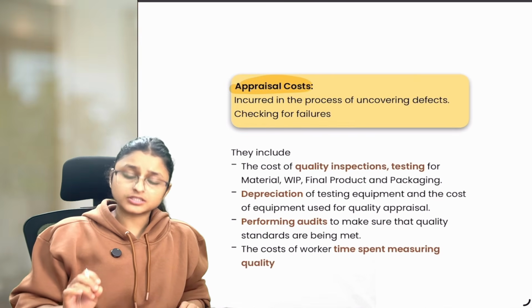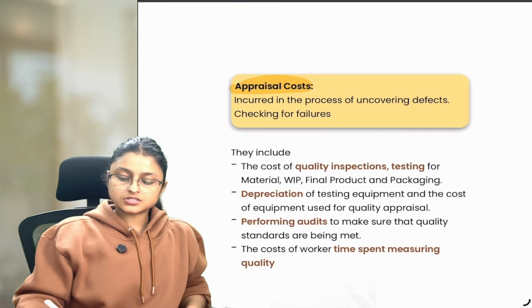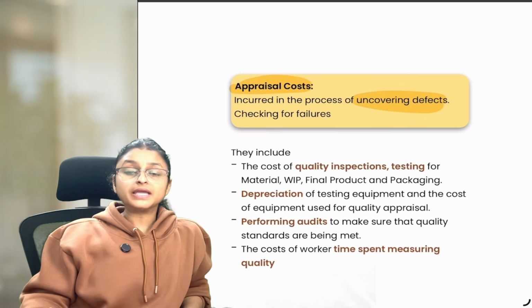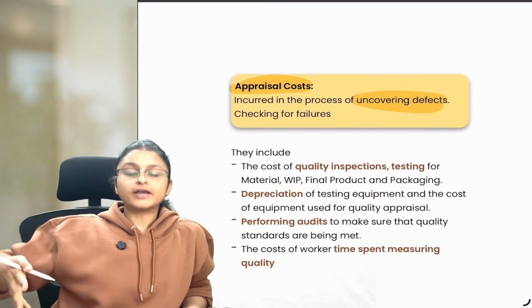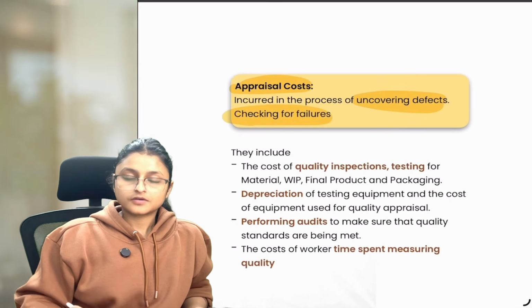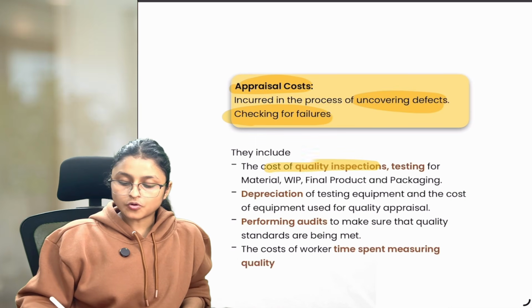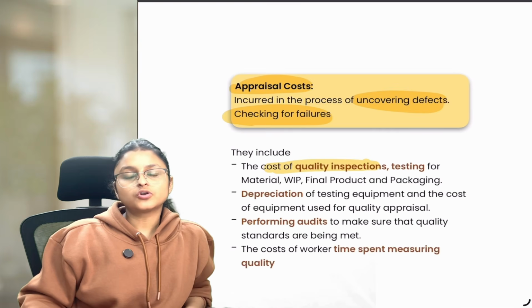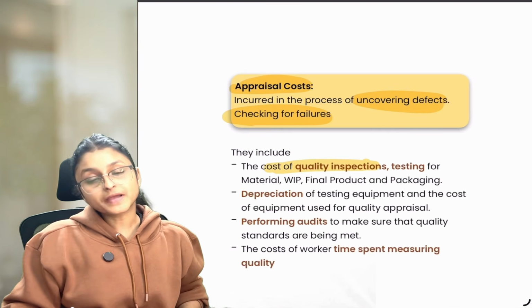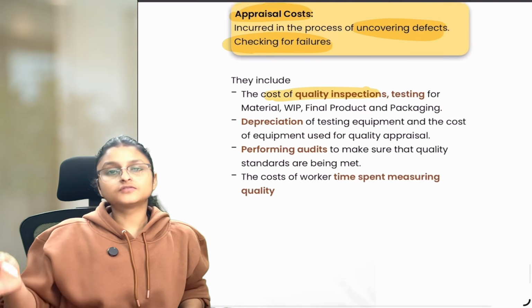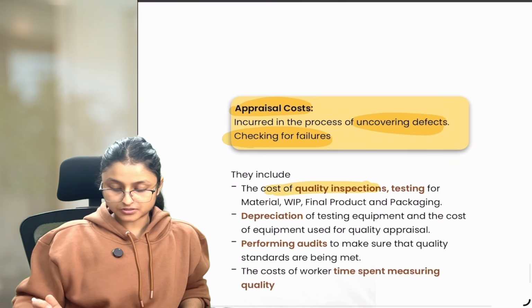Appraisal cost is your inspection cost. This cost is incurred for uncovering defects, mainly specifically for the final product, checking for failures whether they have arisen or not. They include the cost of quality inspection. What all costs you have incurred for inspecting the quality of the final product is known as appraisal cost.